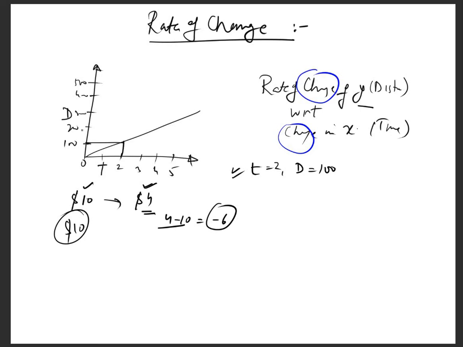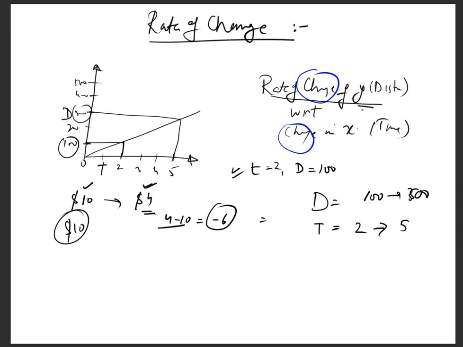So let's say the second value is 500, and the first is 100. So let's say my distance has changed from 100 to 500. How has time changed? Time changed from 2 to 5.